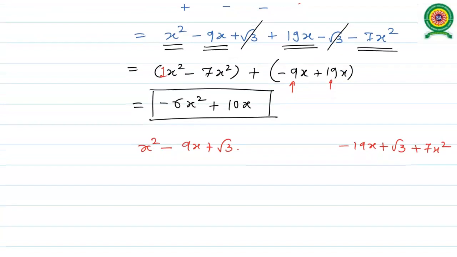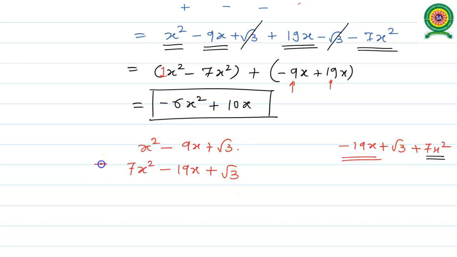Now let us write one like term under the other. The first term is x square, and in the subtrahend we have 7x square, so those are the like terms. Let us write one under the other. Next to it we have minus 19x, placed under the x term. Now look at the constant, root 3, so constant under the constant.